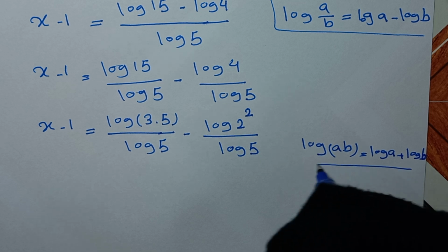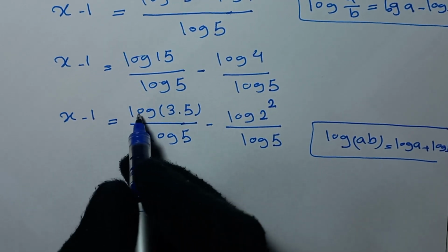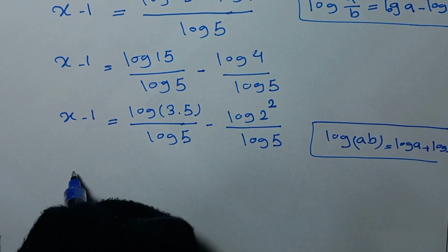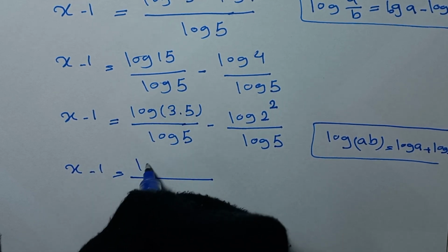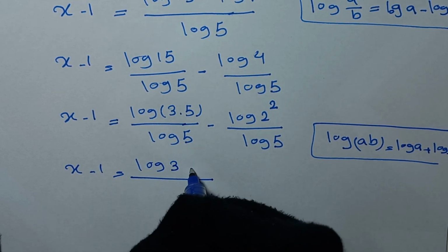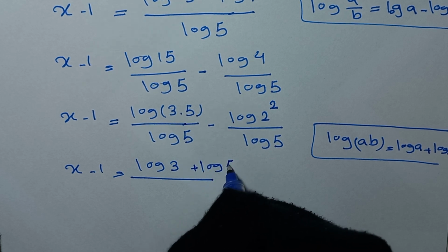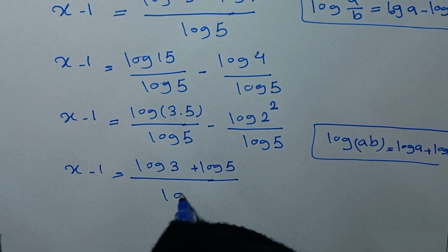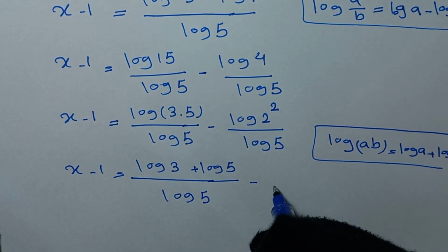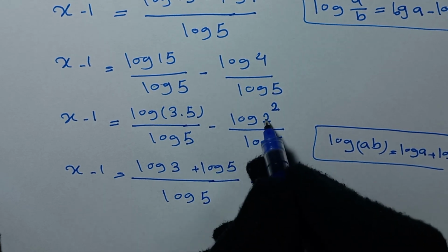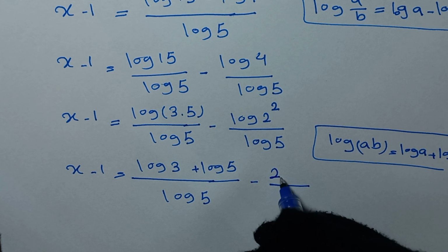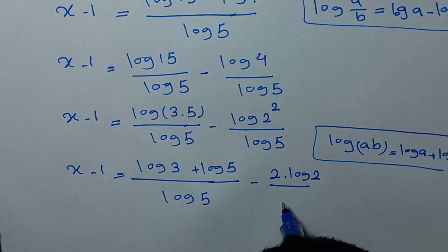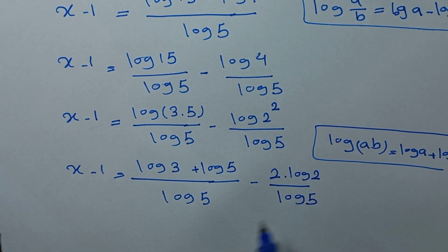So here we have log of 3 times 5, so we can write x minus 1 is equal to log 3 plus log 5, over log 5, minus, here we have log of 2 to the power of 2, and we can take this power outside of log, so it will be 2 times log 2 over log 5.